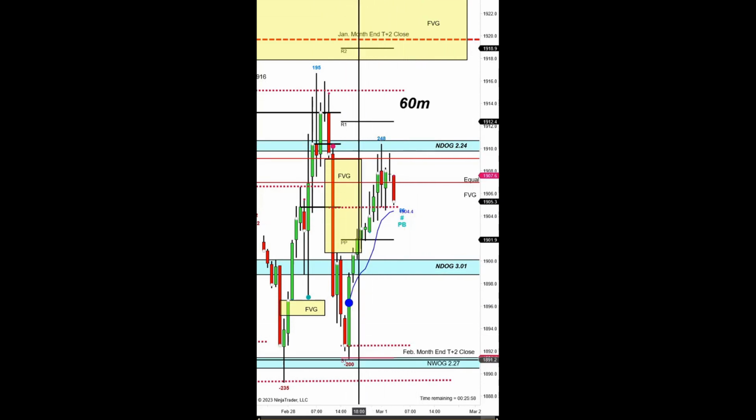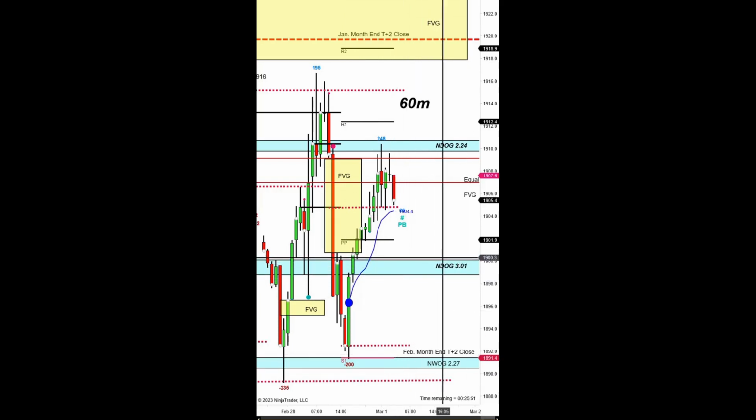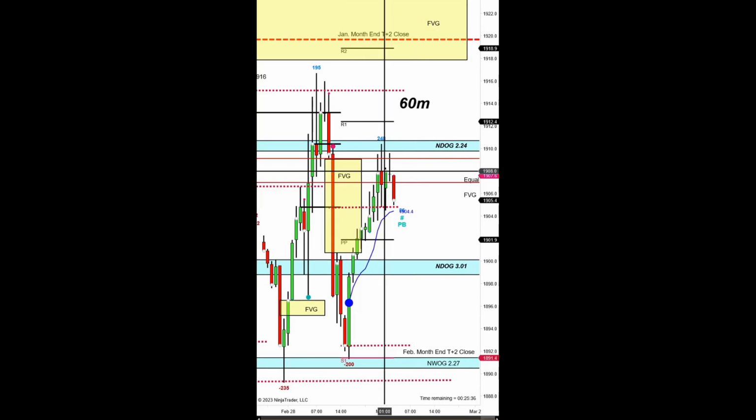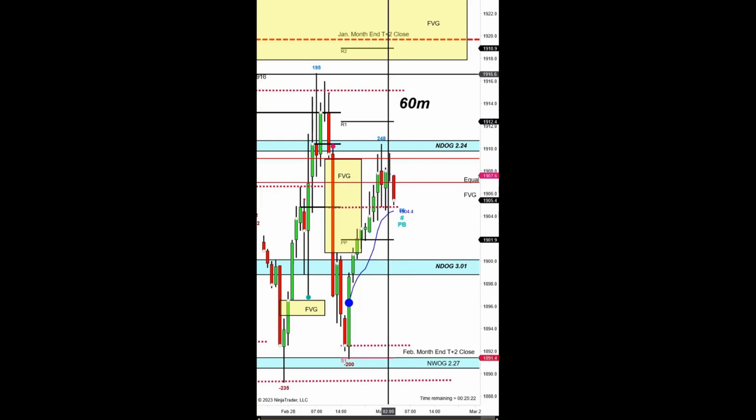We've already visited down here to the T+2 close of February, and this is the new day open gap of March 1st, which comes in right above 1900. 1908 seems to be the price body high right now, and we've got a 19 handle range. So I am looking for price to go above this and possibly challenge 1915, 1916, buy stops above 1916.6 here, but we're not there in Globex.